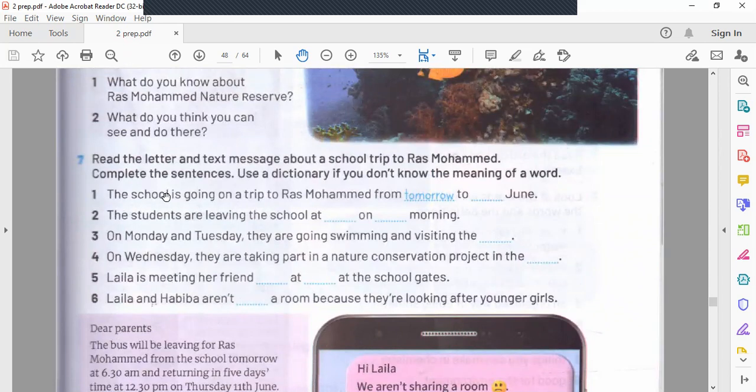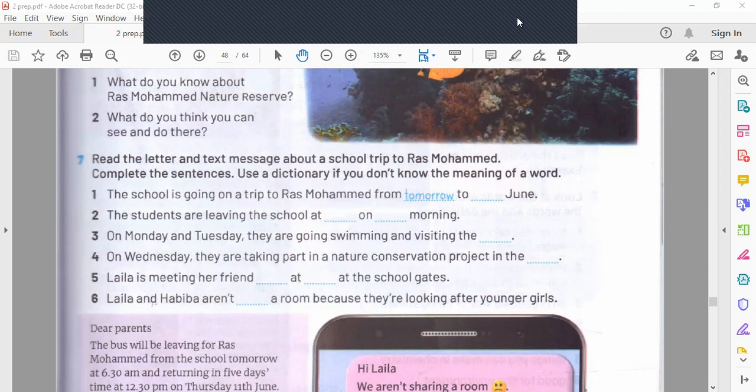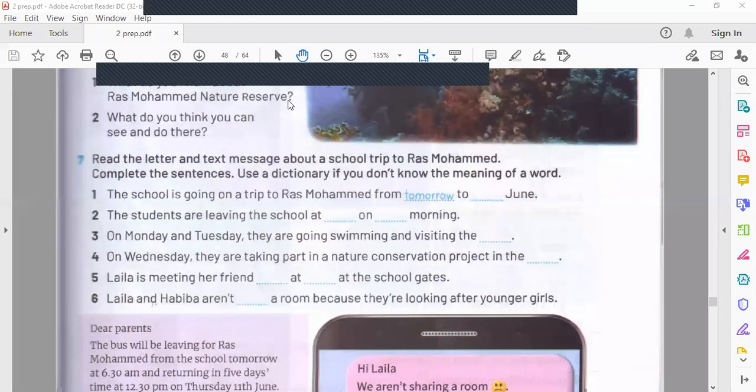Okay, the school is going on a trip to Ras Muhammad from tomorrow to, yes, 11th of June. So let's write the answer. 11th June. Okay.